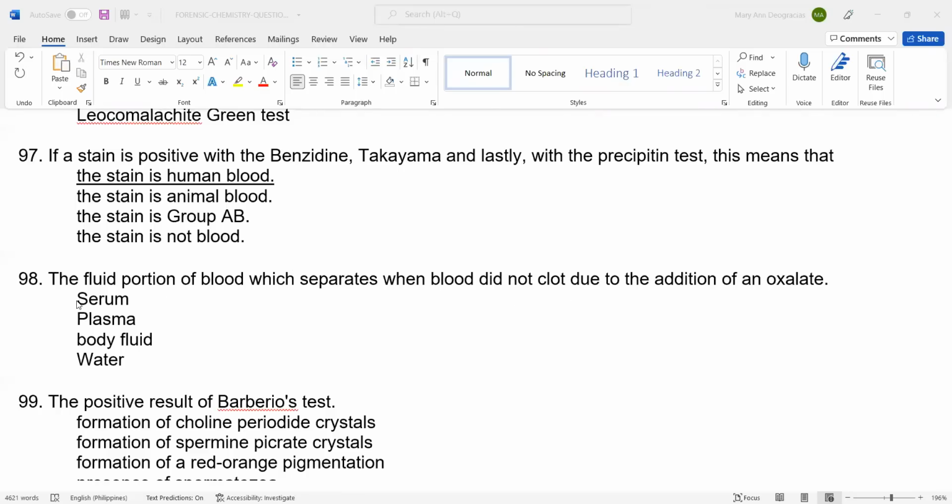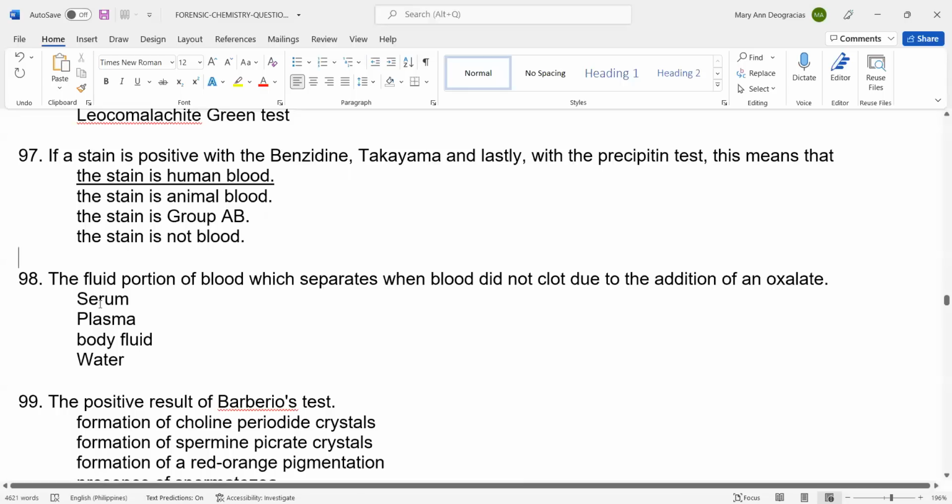So, unclotted. Did not clot. O, anong sagot? Is it serum? Plasma. Nabago lang yung tema nung tanong, I should say. Did not clot due to the addition of an oxalate. Plasma yan. Serum is clotted blood.